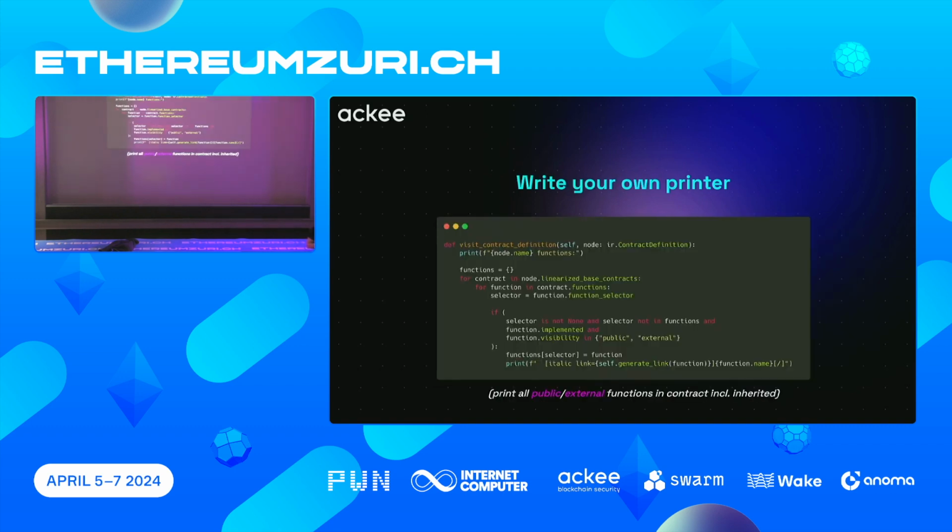And this is an example of a custom printer, and as you can see, the logic is almost the same. It follows the same principles in a way that we define a visit function. This time we want to visit a contract definition because our goal is to print all public and external functions, including the inherited ones in a contract. So we've got a single representation of a contract.